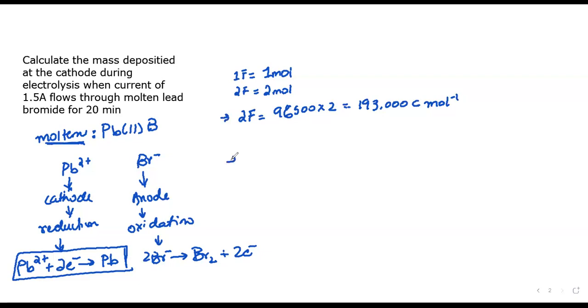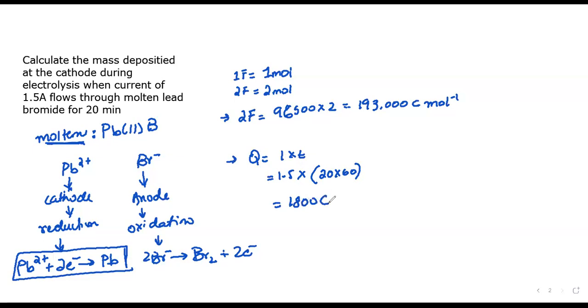Now that I have the value for my charge, I can go back to the formula that I studied. Charge is equal to current times time. How much current am I using? 1.5. How much time am I using? I'm using 20 minutes, but I will have to multiply it by 60 to turn it into seconds. So I will end up getting my answer as 1800 coulombs.